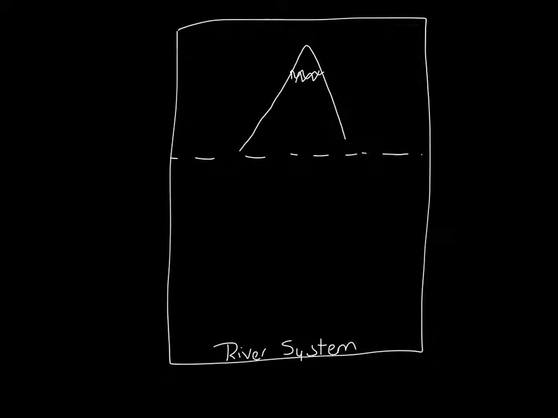Now, what happens is when it rains, this mountain, we're going to give it a title. It's called a divide. Okay, it's the Great Divide. Okay, it divides the two halves of the land, this side from this side. It's right in the middle.